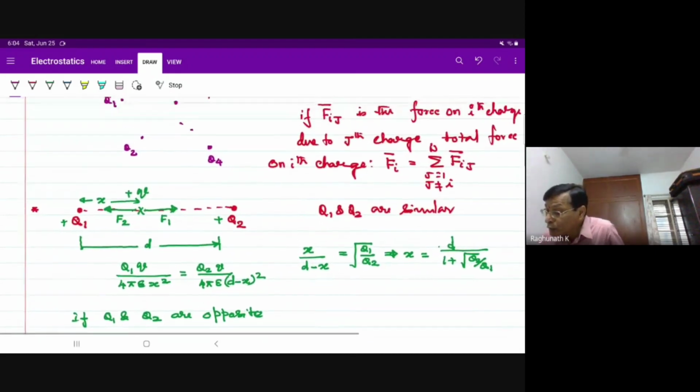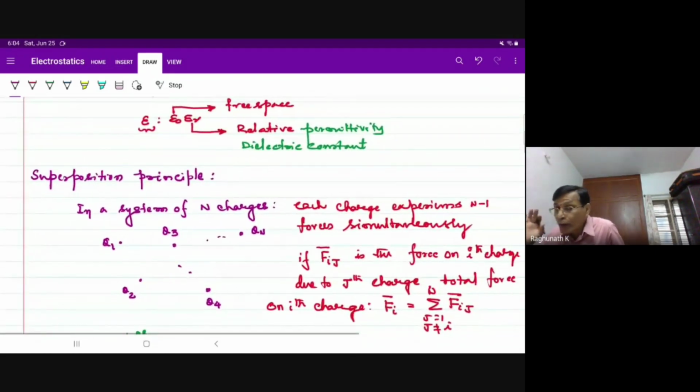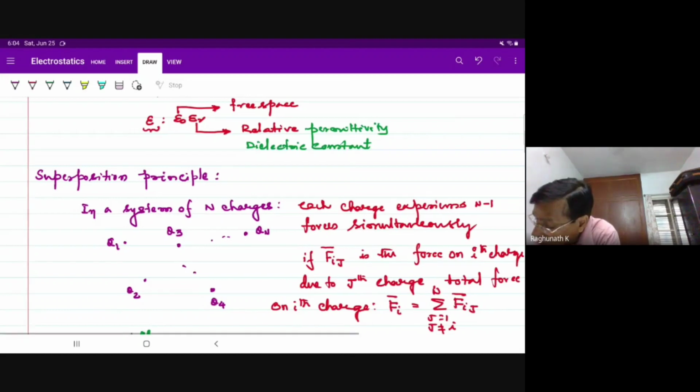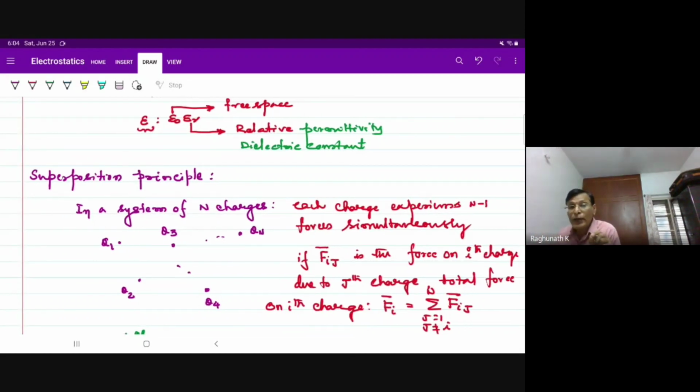Then we moved on to the superposition principle, where we spoke about the force experienced by one charge as the resultant of the individual forces experienced by that charge because of each charge.